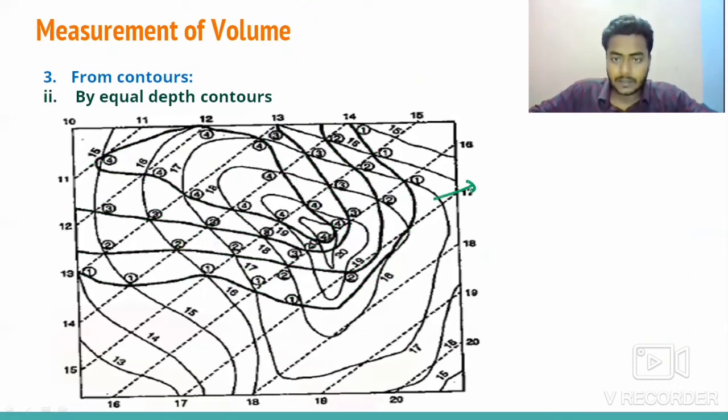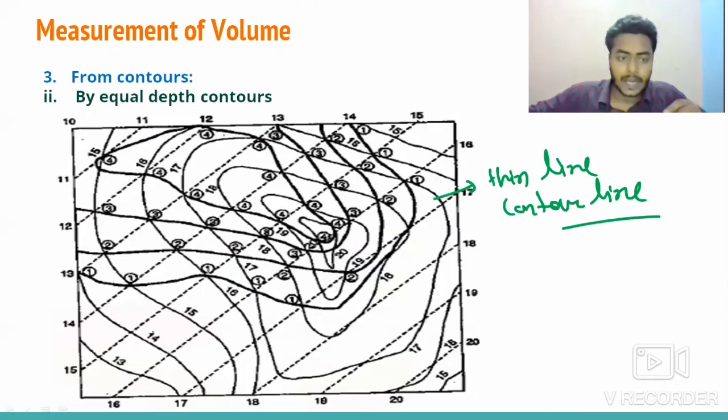This thin line, what is it showing? Ground contour, means actual what ground we say. Means simple we can say contour. This is contour line. Okay, and the dotted line, that we have provided a grading like this.